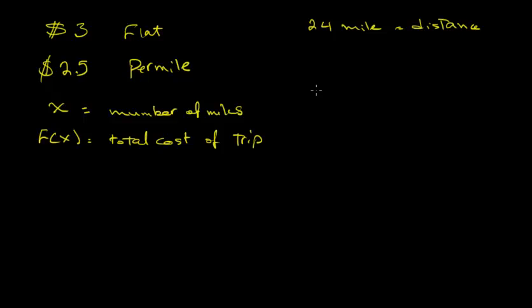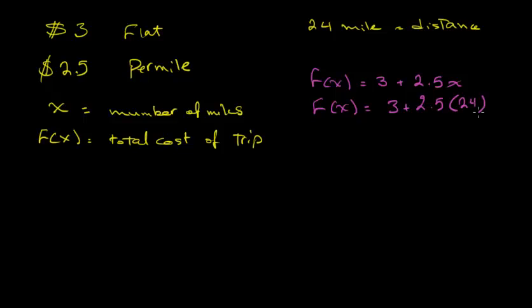And the function is f of x equals $3 plus 2.5x. Now, f of 24 equals 3 plus 2.5 times 24. You multiply these two and then you'll have f of x equals $60.